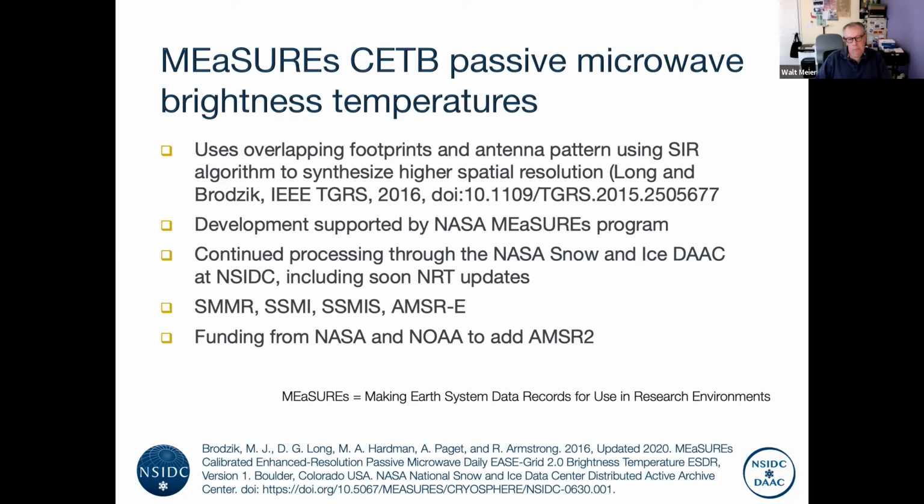We're actually working now to implement near real time updates, so there'll be daily updates of this product. It currently contains SMMR, SSM/I, SSMIS, and AMSR-E. But as Mark alluded to, we do have some funding from both NASA and NOAA to add AMSR2, the most recent JAXA sensor, to that time series.